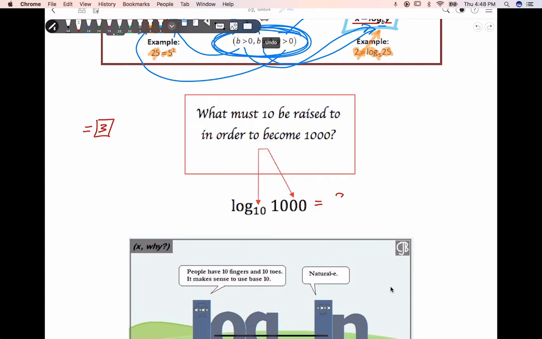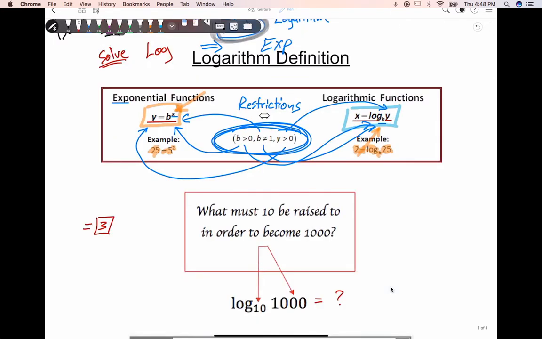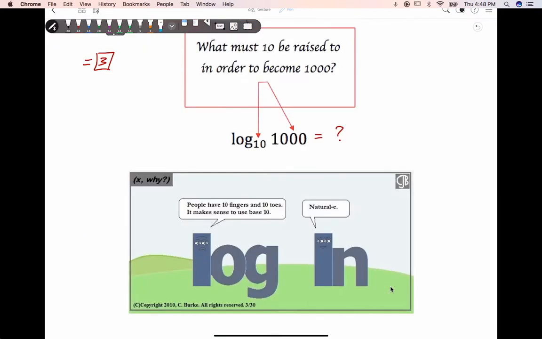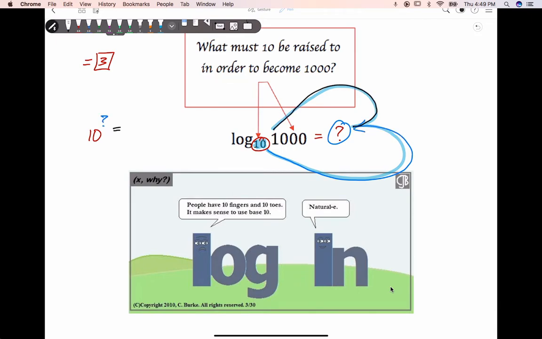So the way we are going to convert between exponential and logarithmic functions is this reverse heart method. You start at the base, and then you do a sideways heart, and you say that you have 10 raised to the power of question mark is equal to this number here, following the arrows.